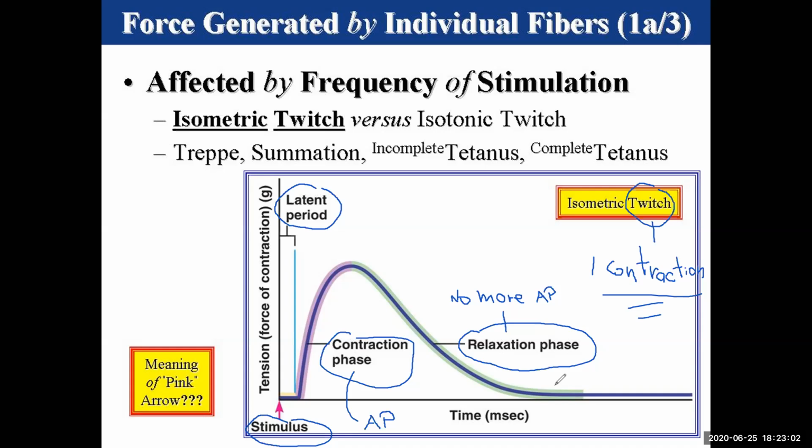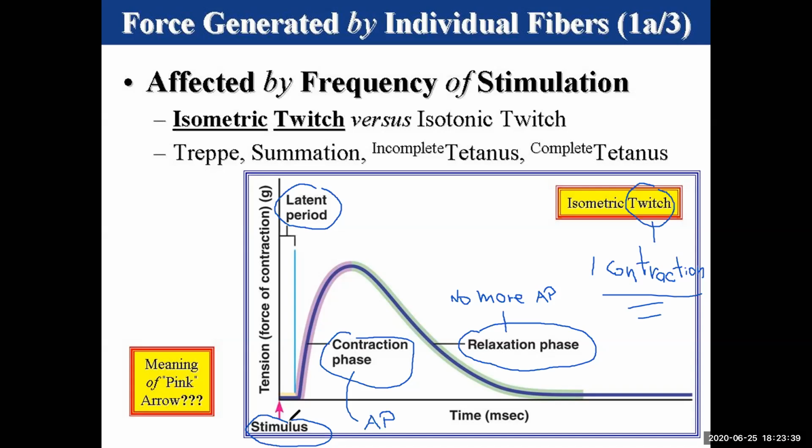As soon as there's no more action potential propagating through the T-tubule, the sarcoplasmic reticulum sequesters calcium, meaning calcium goes back inside the sarcoplasmic reticulum. Without calcium, there's no cross-bridge formation. No cross-bridge formation means the skeletal muscle fiber relaxes.